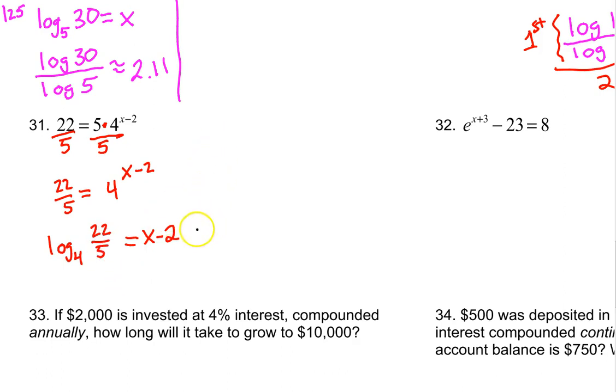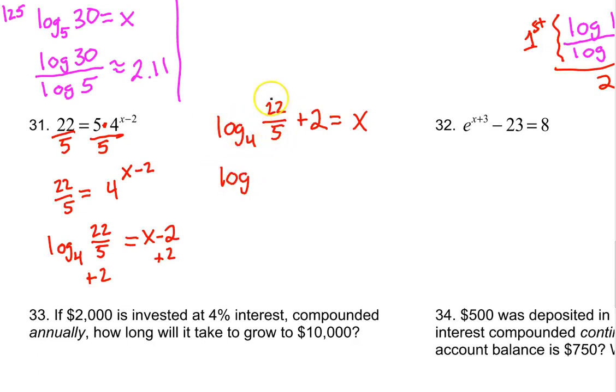And we go ahead and add 2 to both sides. We have log base 4 of 22 over 5, plus 2, will equal x. Then we just have to use the change of base formula here to find out what the answer is.